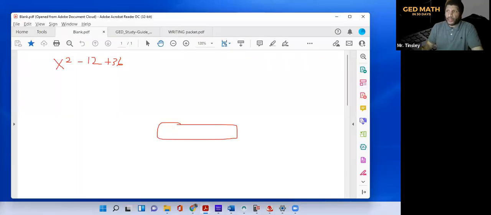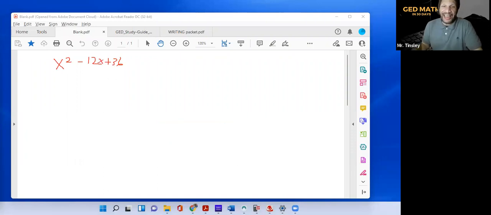All right, so x squared minus 12x plus 36. Can anybody tell me the standard form of a quadratic equation?